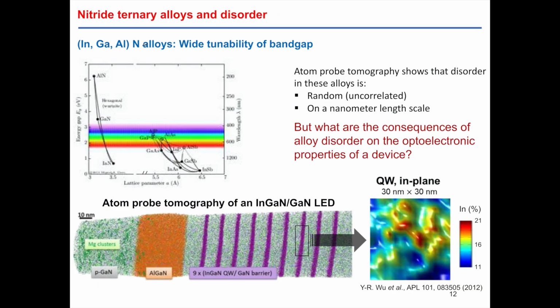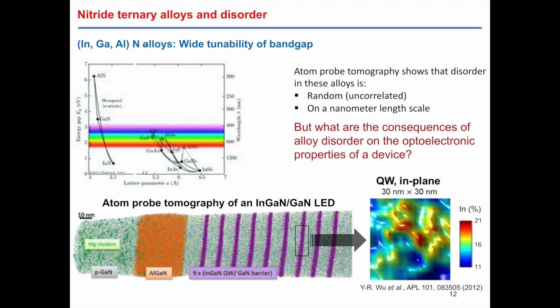And now we are getting into the problem. We have to be able to describe alloys, to describe how LEDs will work. And this is where the landscape will come in. So the basic fact of nitride alloys is that if we do an atomic analysis, an atom probe tomography analysis of the composition of a material in an LED, you have to think that the material of an LED is made of stacks of layers.